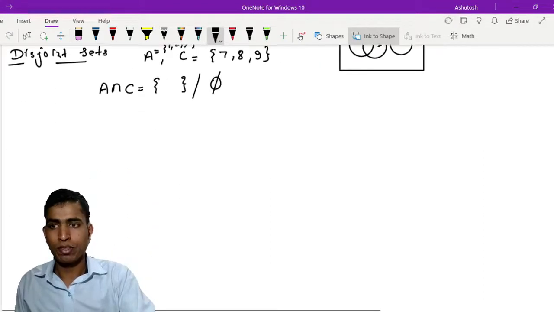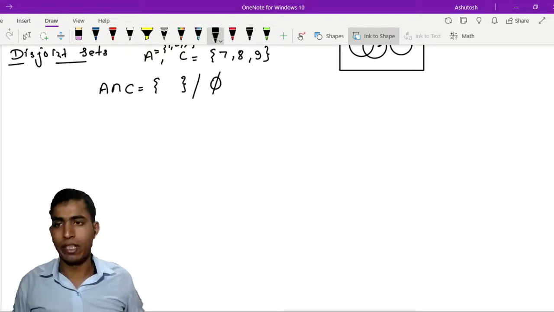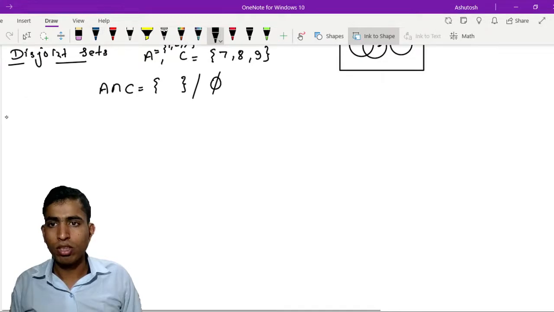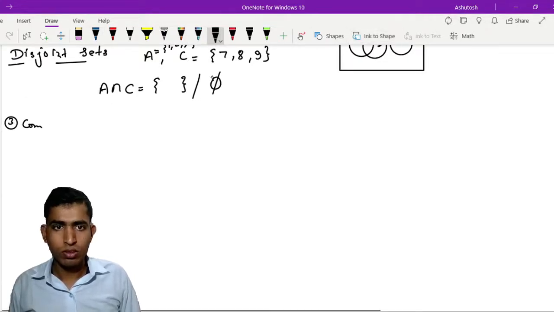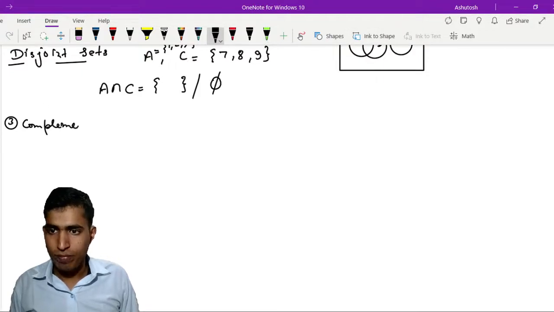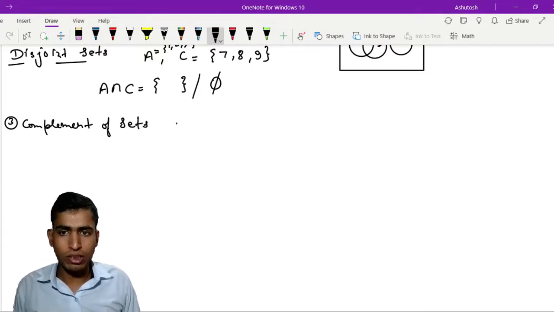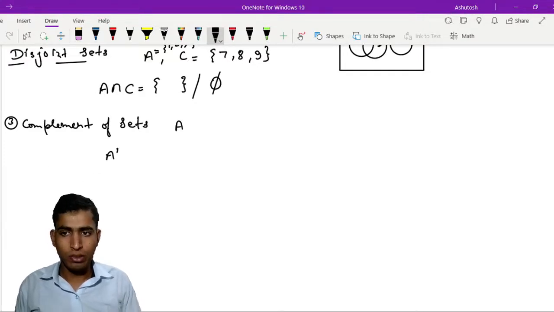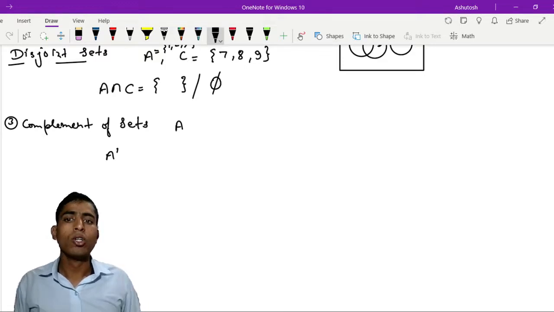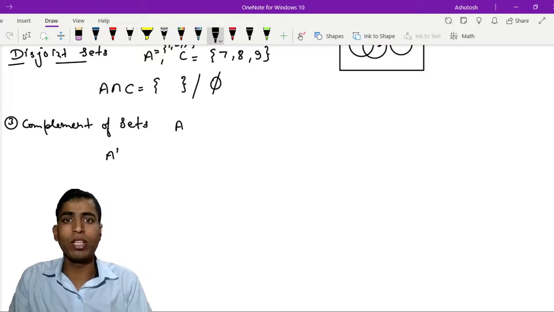Next we come to the complement of sets. If there is any set A, then A dash represents the complement of the set. Suppose there are sets A, B, C, and for them a universal set is defined.